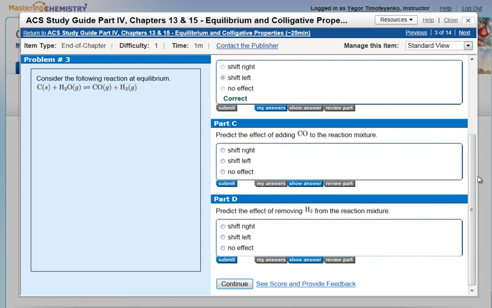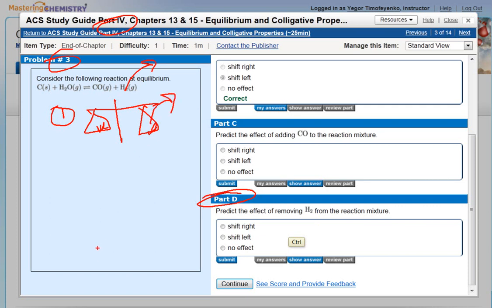Now let's look at part D of problem 3, Part 4 study guide. What's going to happen when we remove H2 from the reaction mixture? H2 is on the right side, and the reaction is at equilibrium. Now what's going to happen? We're going to remove H2 from the solution.